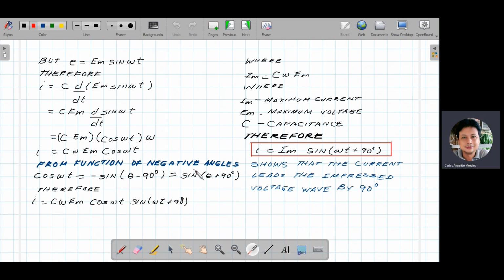So from function of negative angle, yung cosine omega t is equal to negative sine theta minus 90 degrees, which is also equal to sine theta plus 90 degrees.